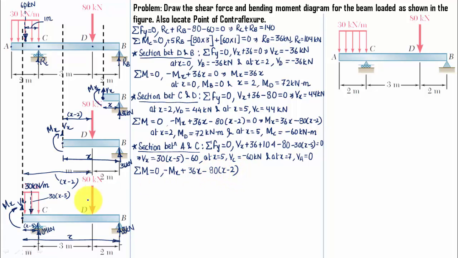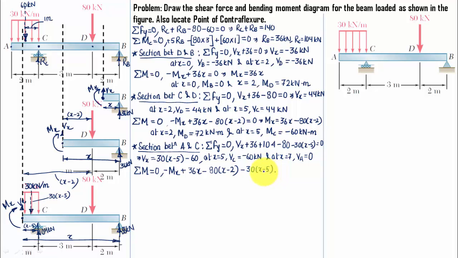Okay, what else? We have to deal with this UDL also. So the UDL has been converted into some sort of point load. Okay, this point load is 30 times x minus 5, and if you're taking moment about this point, it is going to produce a clockwise moment, hence a negative sign. Magnitude of this converted UDL in this sort of a point load is 30 times x minus 5.